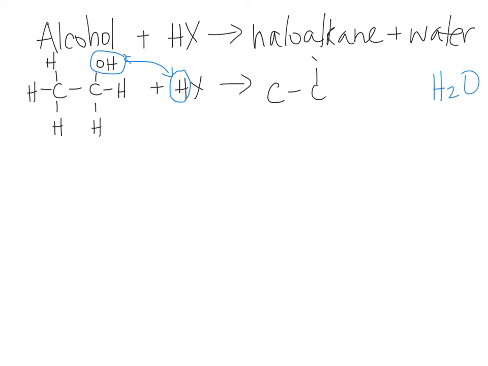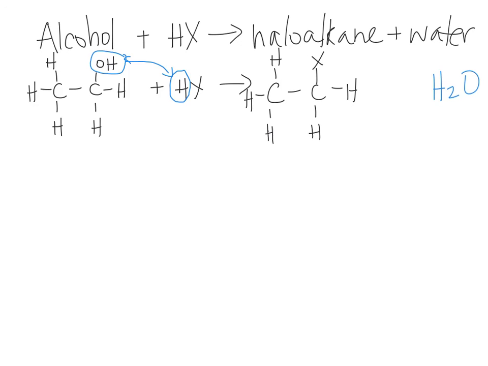And so your halogen substitutes for that hydroxyl group, and you get your haloalkane. If we had used hydrogen chloride, we would end up with chloroethane and water.